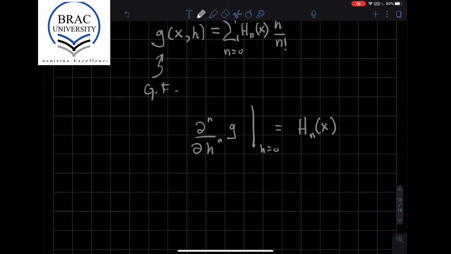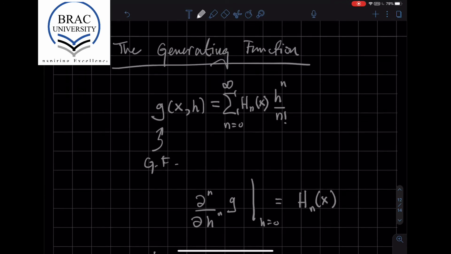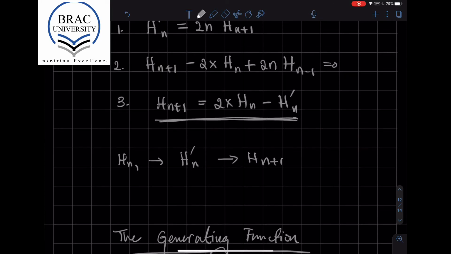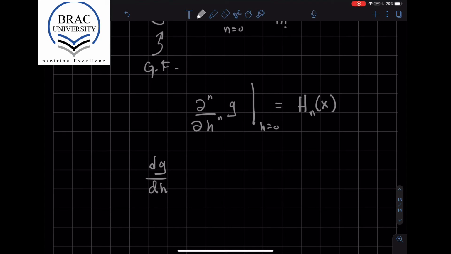To find this function, let's just take the derivative of g with respect to h. Once you take the derivative of g, it's not very difficult to show, using these recursion relationships, that g satisfies this particular differential equation.